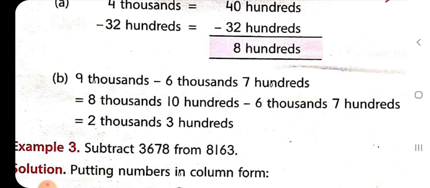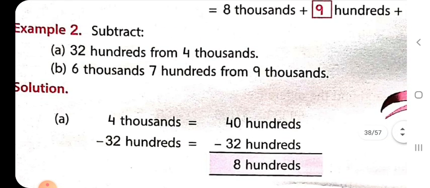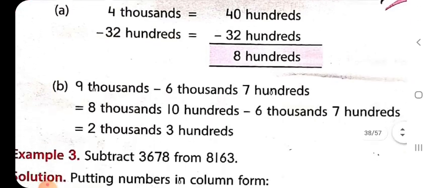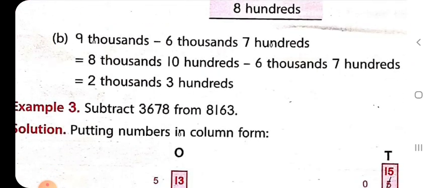Okay, and one more thing, the B part, a very important one and a little bit confusing. Just listen to my words very carefully. The question is we have to subtract 6700 from 9000, that means 9000 minus 6700.